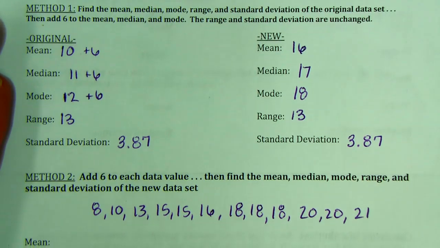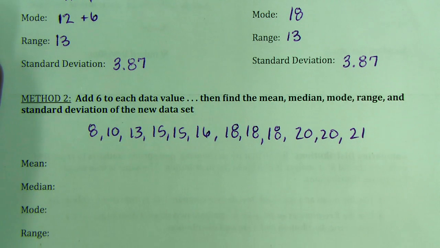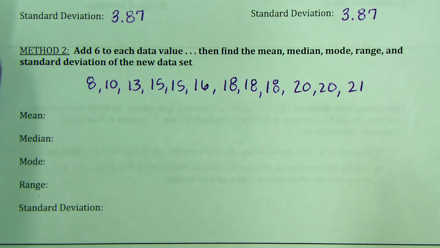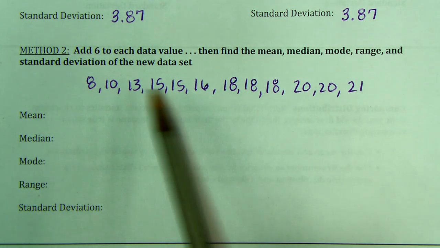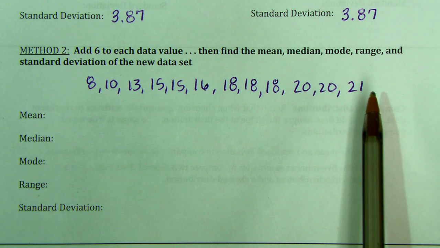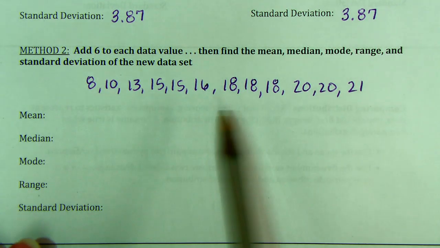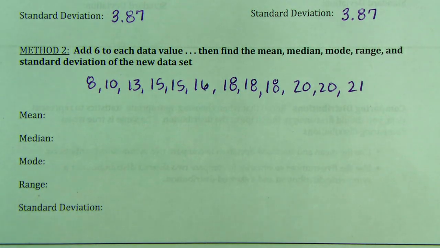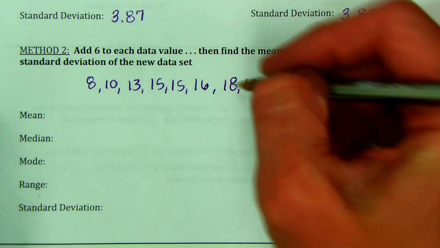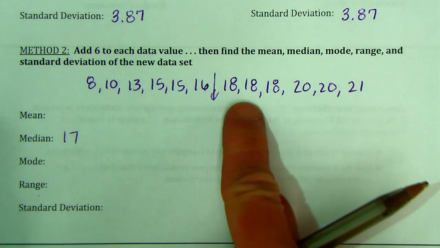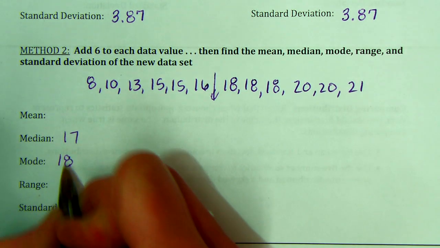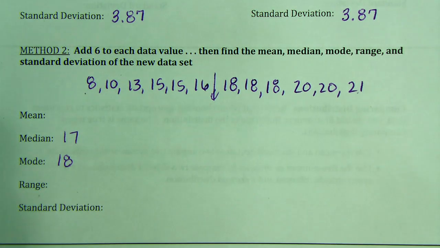You could actually do this in decimals and simply put them in your Y column, in Y1, and then calculate it by putting in your Y sub 1 instead of X sub 1. What you are going to find is that the median has to be 17. The mode is going to be 18 because that's the most. 21 minus 8 is still going to be 13. And the mean, if you added them all up and divided by 12, you would get 16.